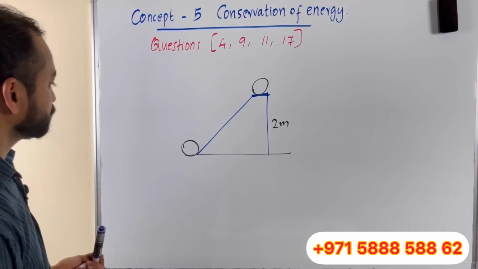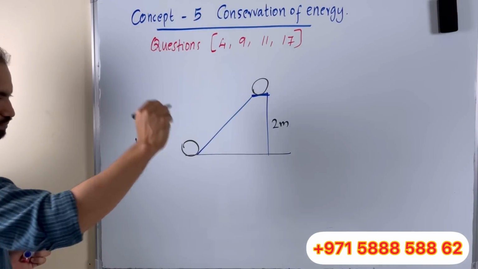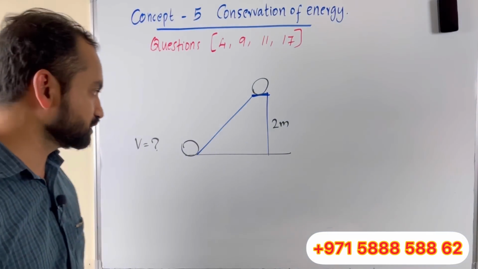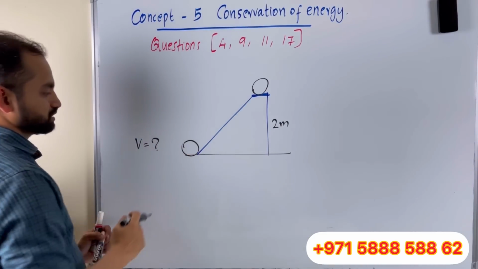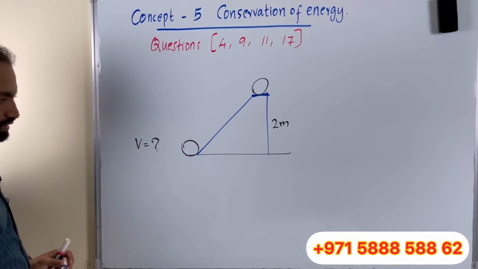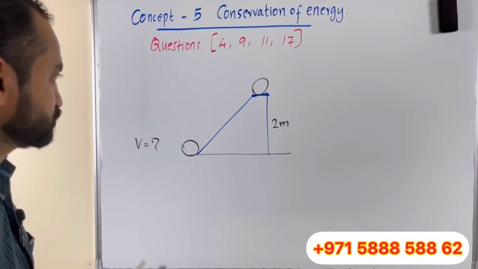The question will be like, calculate the speed of the ball using the law of conservation of energy when it reaches the ground by rolling from that height.